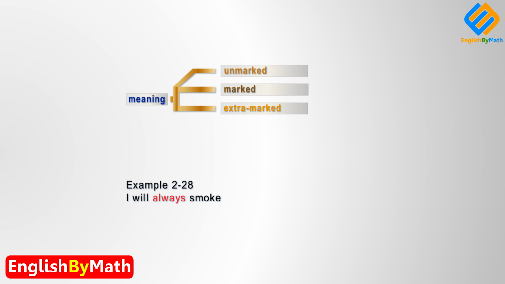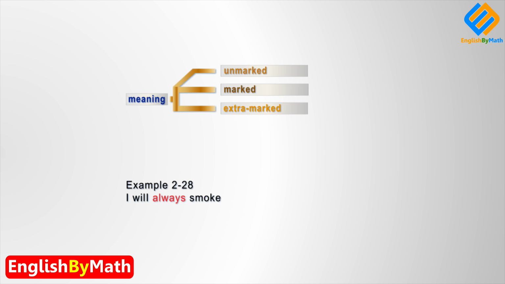I will always smoke. The speaker in 228 is an occasional smoker who wants to become a heavy smoker. He might be going against the advice or wish of his father or mother who do not want him to smoke. The speaker in 228 might therefore be a teenager challenging the authority of his father or his mother.